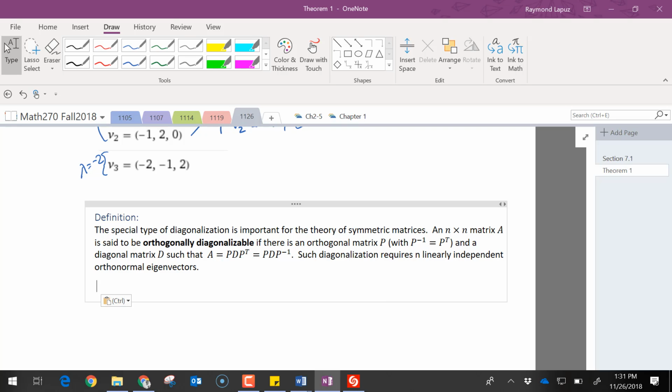Such diagonalization requires n linearly independent orthonormal eigenvectors.